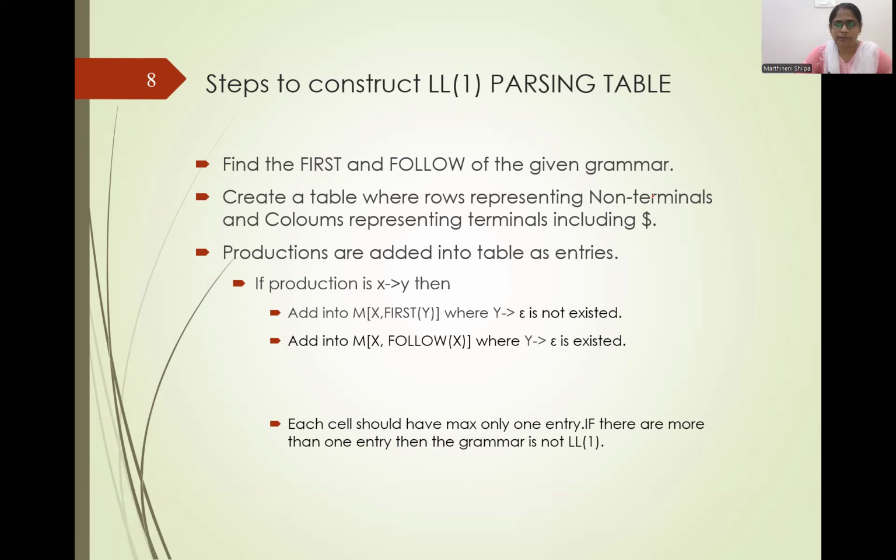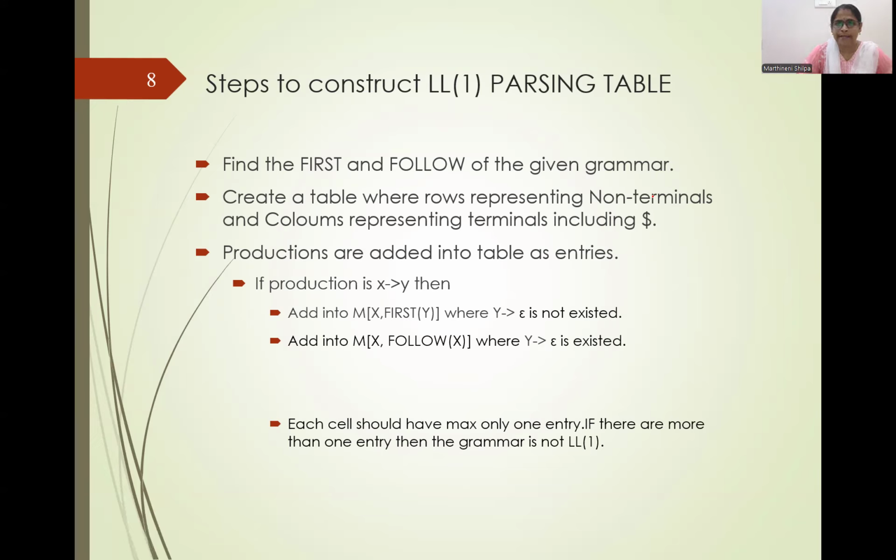All the rows are represented by the non-terminals in the grammar. For example, if the grammar has 5 non-terminals, then the parse table contains 5 rows. The parse table columns are represented by the terminals, all the terminals that can be derived by using that grammar, followed by dollar also.